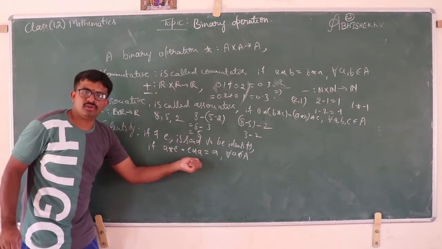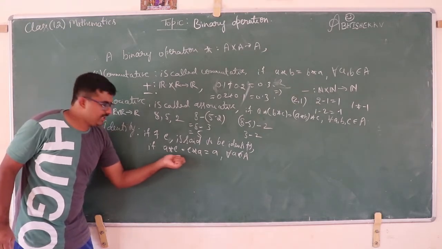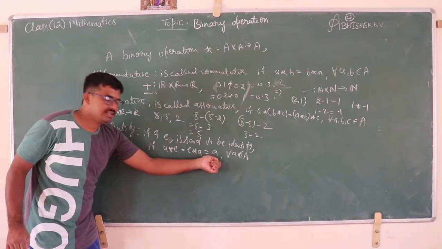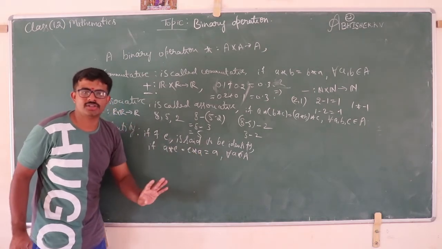See, A star E is equal to E star A is equal to what? A. Here, for all A belonging to A.